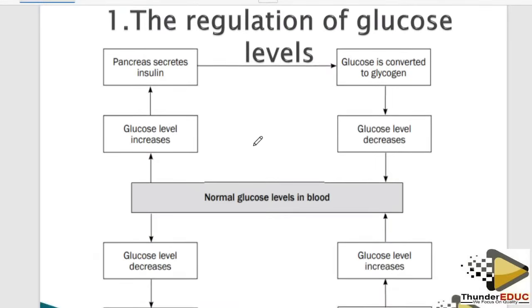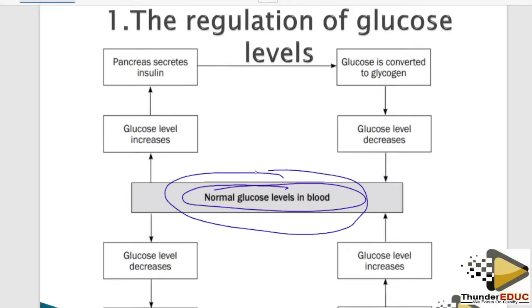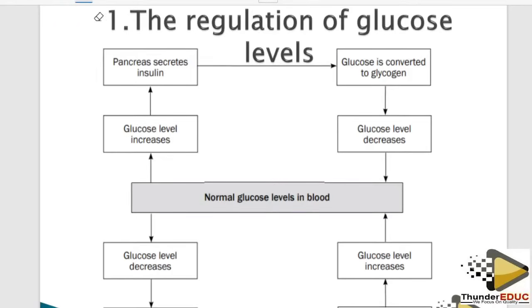Number one, glucose. Guys, you need to know two things. The first thing you need to know is that always in the middle here, you have what is called the normal. All of the mechanisms look like this. You don't need to stress. So always it is like this, normal. You understand? When you say normal, what is going to happen here?